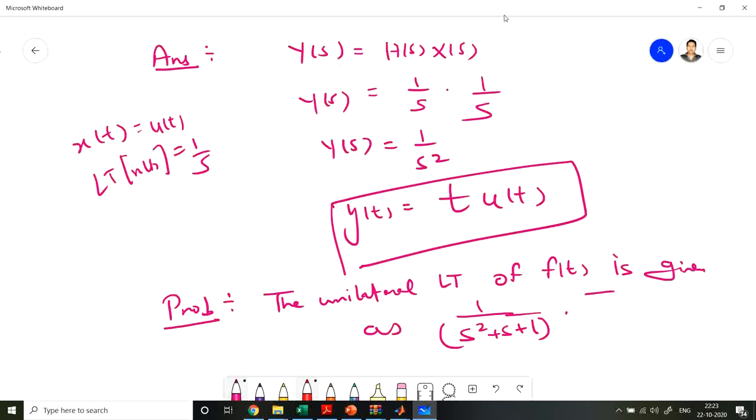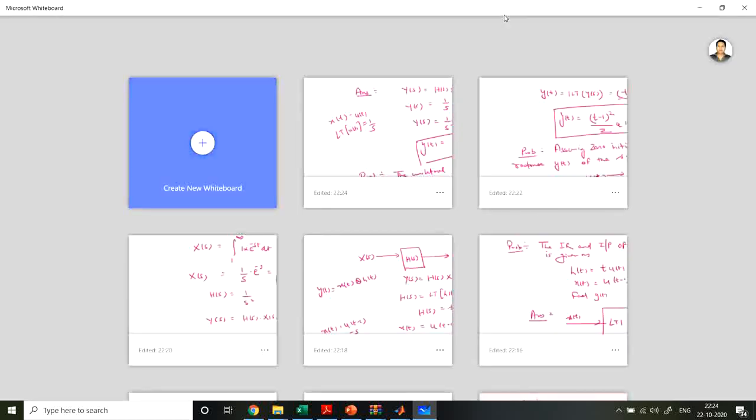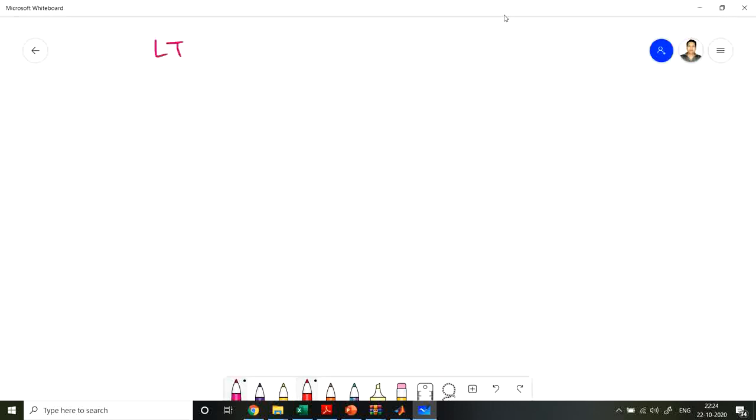We have to find the unilateral Laplace transform of t f(t).